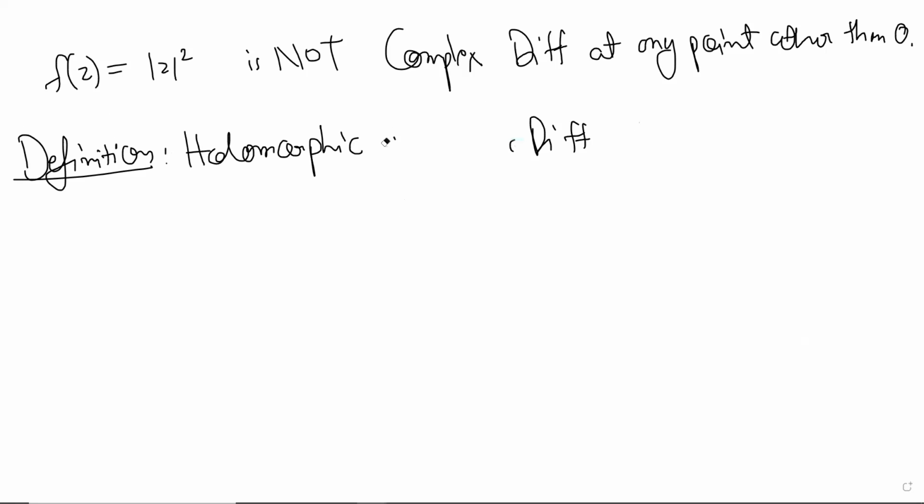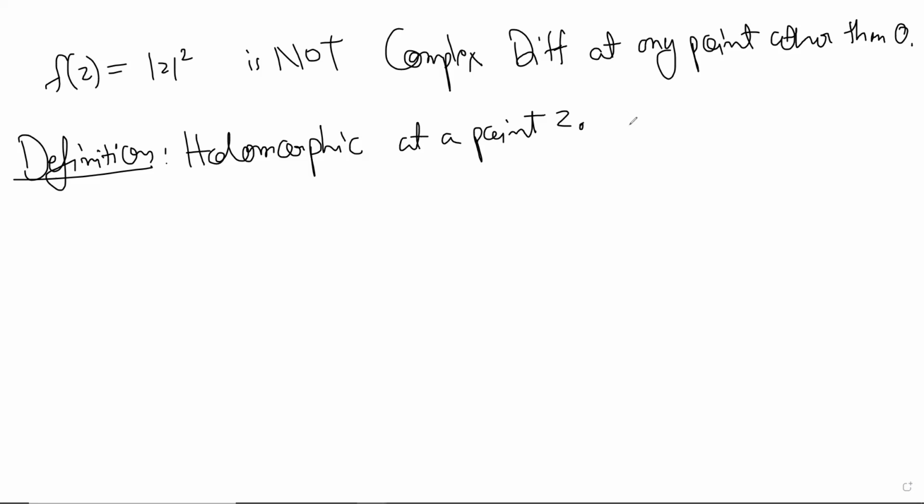More precisely, holomorphic at a point z0. Maybe this definition should come later, when we are able to appreciate how different those functions which are holomorphic are from those which are just differentiable at a point. But holomorphic roughly means differentiable in a neighborhood of that point.